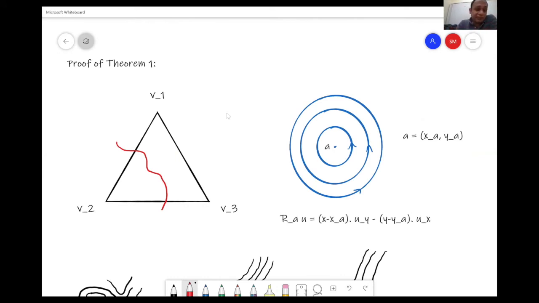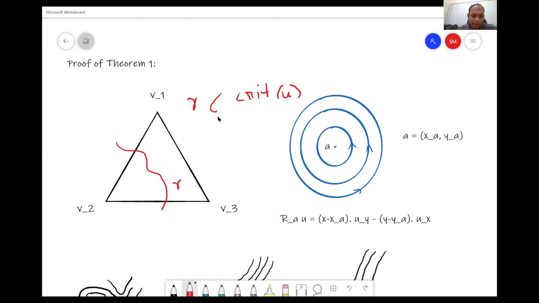So let's take an arc, and if that arc forms a loop, then the argument I'm going to give you would also work if this arc were a circle. Okay, so let this red arc gamma be a subset of the critical set of u.